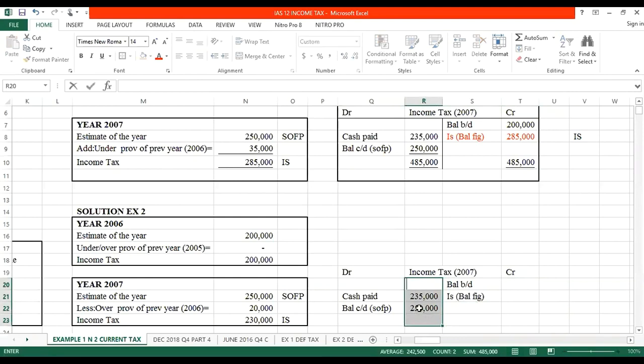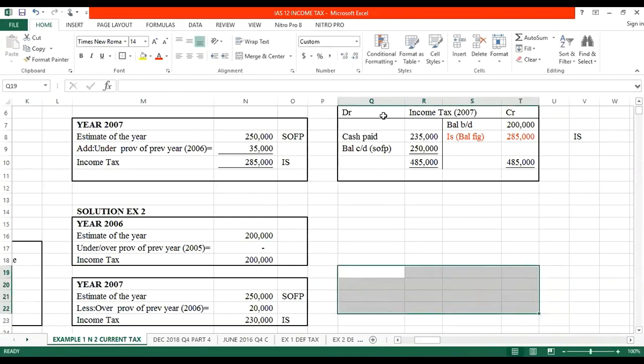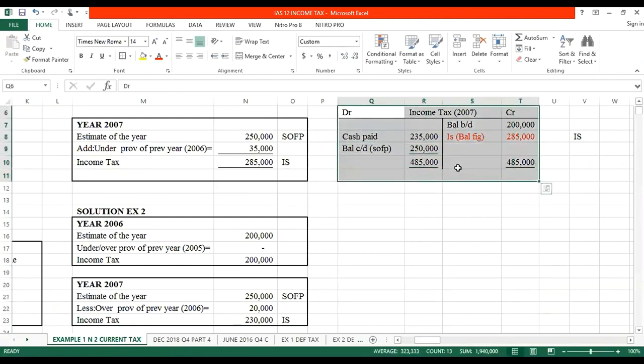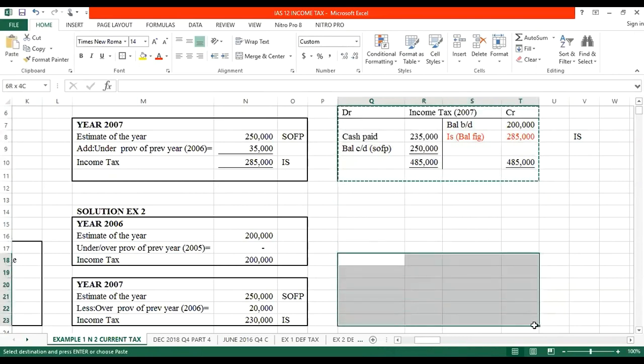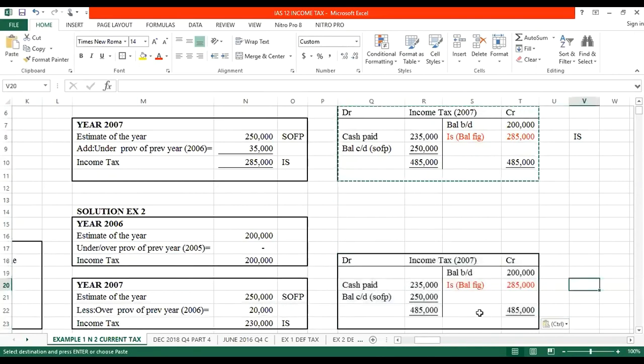I'll copy that and paste it there. Okay, so I've pasted that there, but I'll remove these figures so that we reason without seeing them.